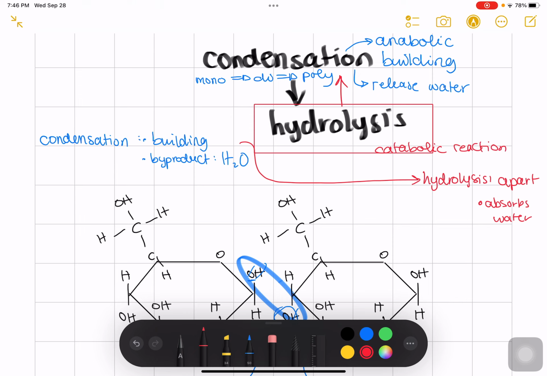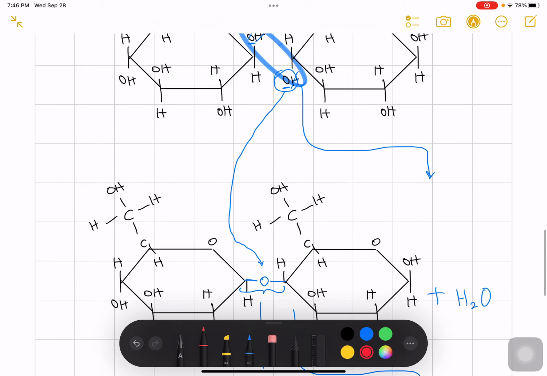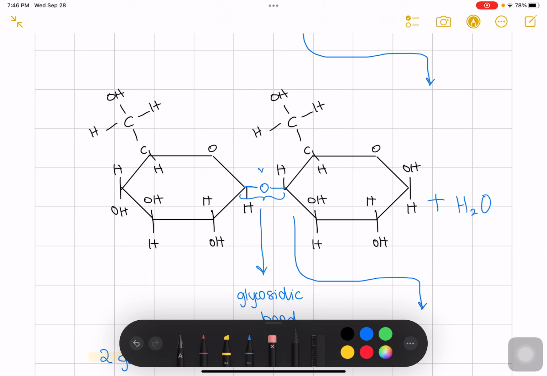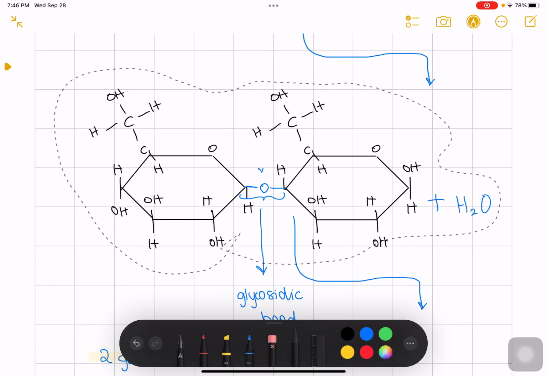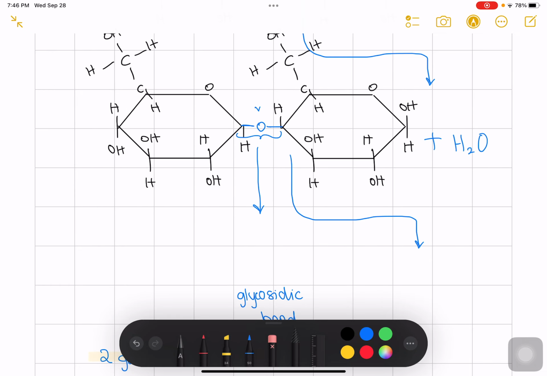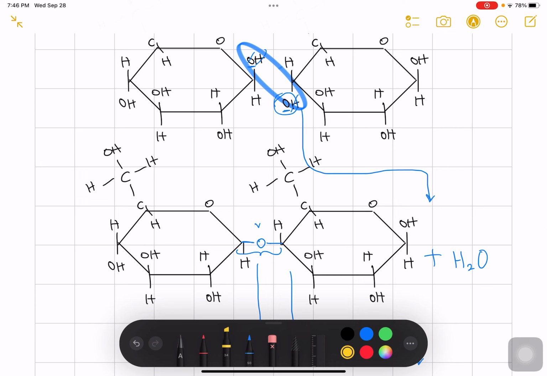Okay, so how do we go from this figure to that figure in hydrolysis? Well, I am going to tell you how once I move this little molecule up a little bit. Okay, so from here to here, it's condensation.